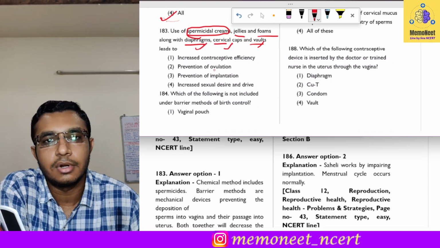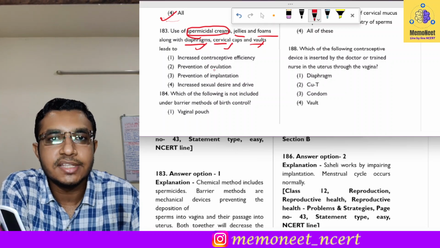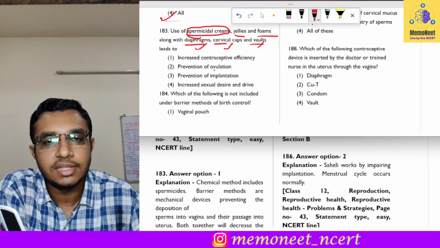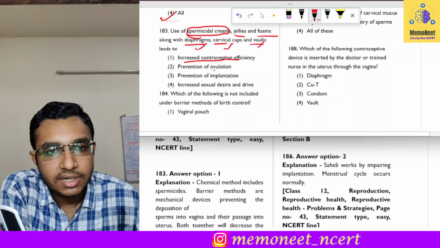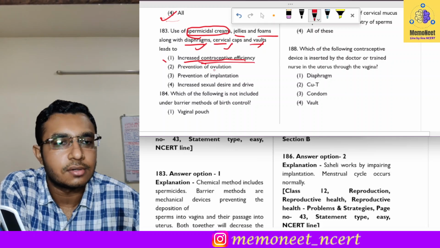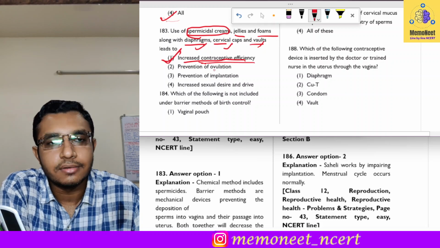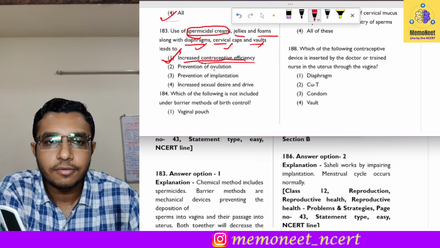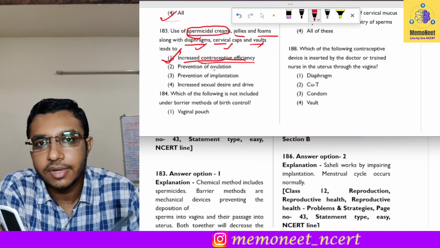But if we use the spermicidal creams, jellies and foams, what will it do? It will kill the sperms if they are present. So as it will kill the sperms, it will increase the contraceptive efficacy of the device. Therefore the correct answer of this question will be option 1, that it will lead to increased contraceptive efficacy.